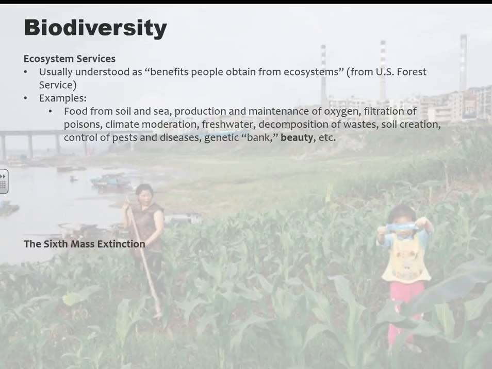There's a lot of native populations that rely almost entirely on wild foods. Production and maintenance of oxygen. Of course, plants pull in CO2 and they emit oxygen. They're the main provider of oxygen on Earth. Obviously, without oxygen, we'd be in big trouble. We don't have to pay for any of that.